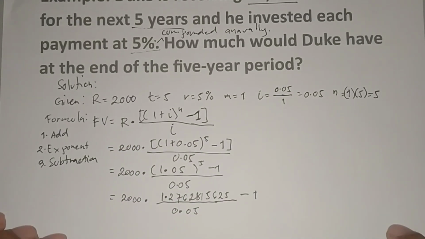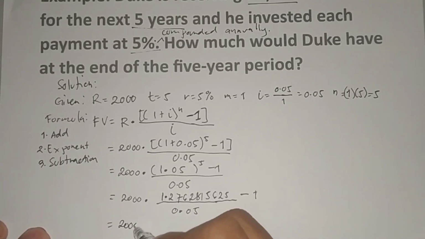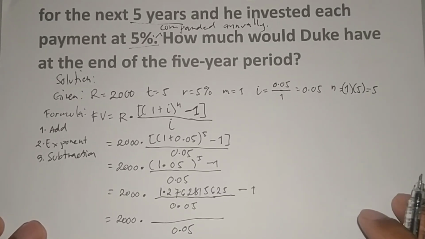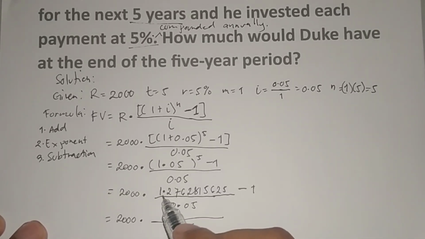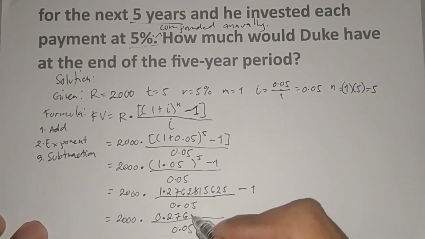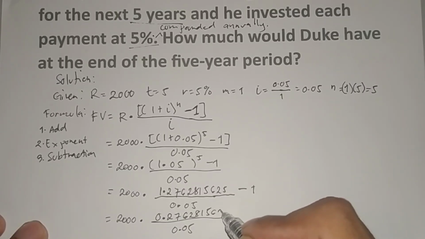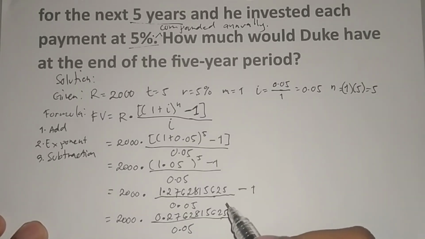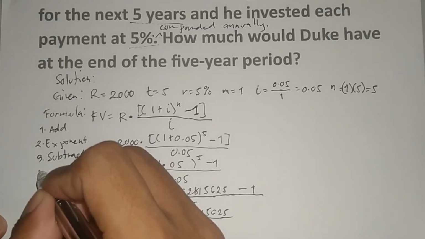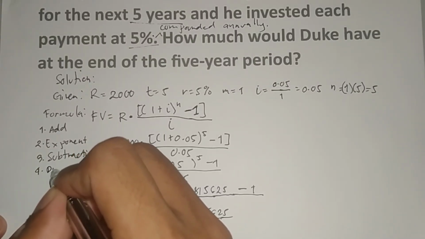So we will subtract now these two. Okay, so copy the rest, 2000, the 0.05. Okay, so 1.27 minus 1 will result to 0.2762815625. Okay, so done. After subtraction is division.